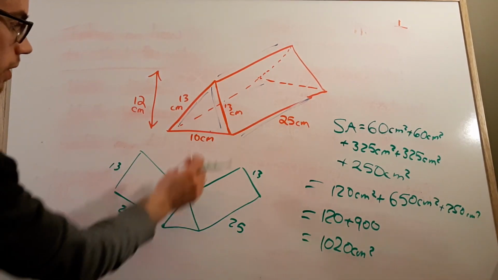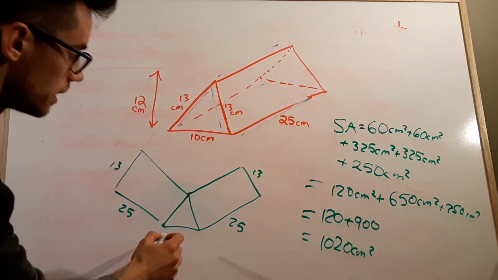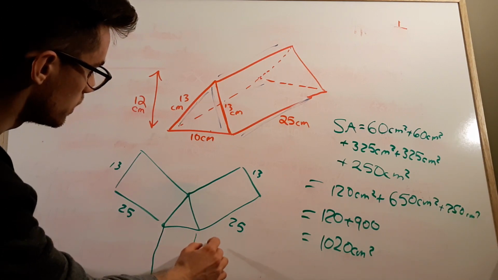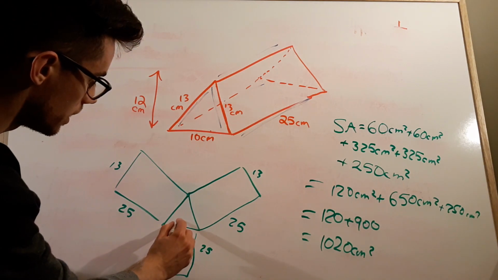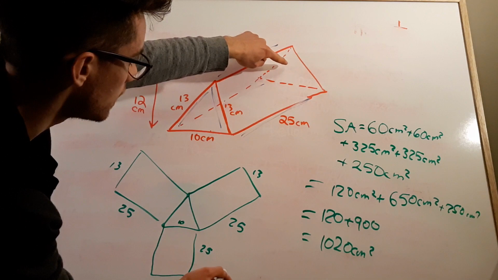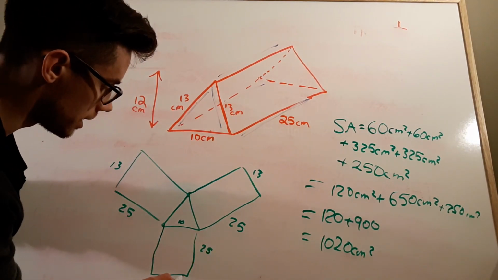And on the bottom one I have this last rectangle coming off of it, which is, again, a 25 length, but it's only 10 on the bottom. So this is going to be 10 centimeters. And I'm forgetting that last triangle, and I can attach that last triangle to any one of these back pieces, but I'll put it right here.